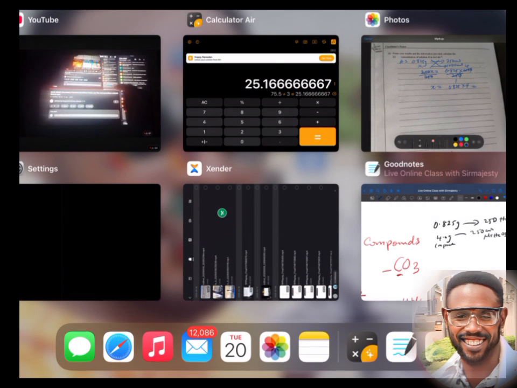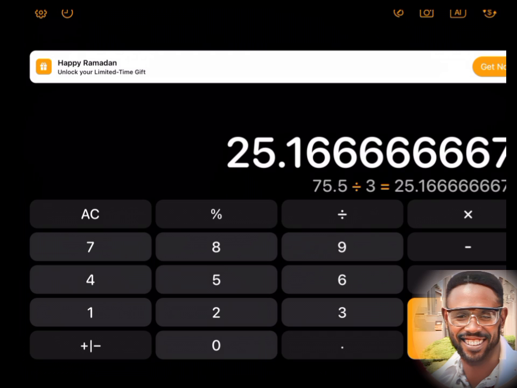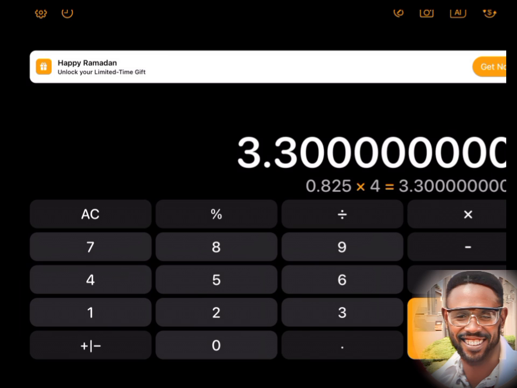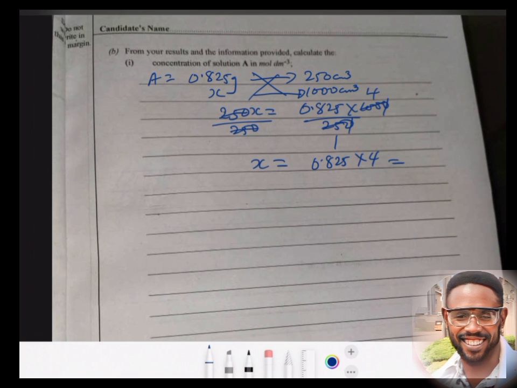0.825 times 4 is 3.30. So our x is 3.30 gram per dm cube, but we were told to find the concentration in mole per dm cube.